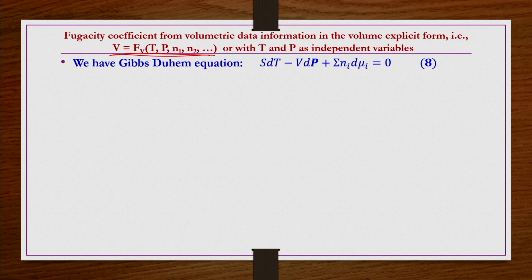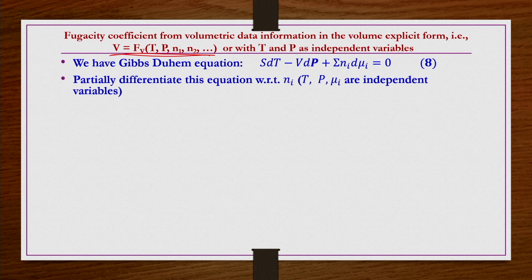We have this Gibbs-Duhem equation: S dT minus V dP plus sigma Ni d mu i is equal to 0. Now, if you write this for the partial molar case, that is, partially differentiate this equation with respect to Ni by taking temperature, pressure and Nj as independent variables, then what we will get?